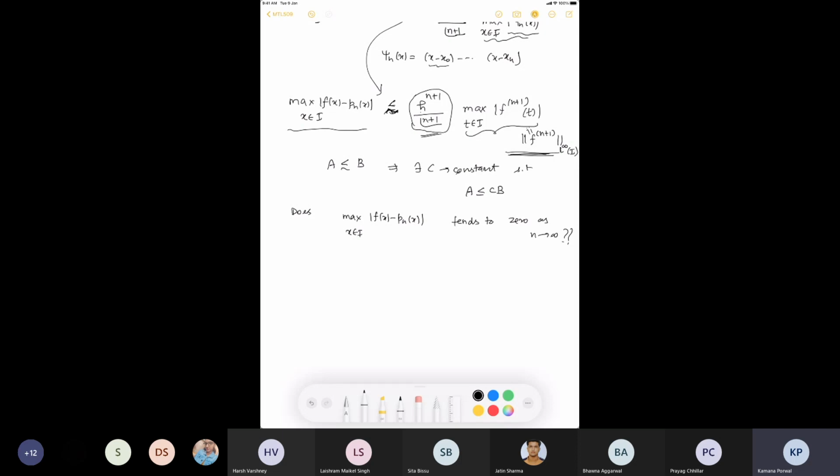If f is not well behaved, then computing higher and higher derivatives might increase this term, because I'm taking the maximum of the n plus 1th derivative of f over that interval. So although this term is becoming small, if the other term is very large, your overall error might still be large.